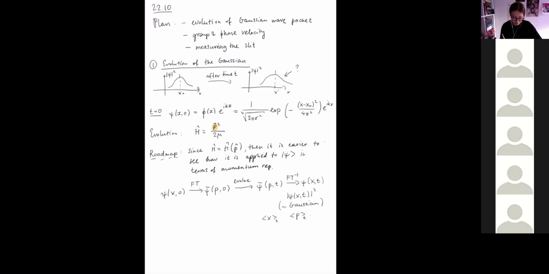Okay, so let us start. The first step here is, for time equals 0, to go from the position representation into the momentum representation. This is something that we have already done. Just for your knowledge, it's exercise sheet 4, I think, exercise 3, where you had to find the momentum representation of the Gaussian wave packet.